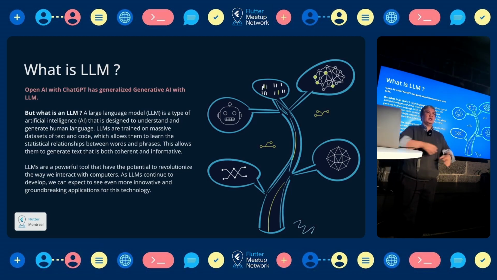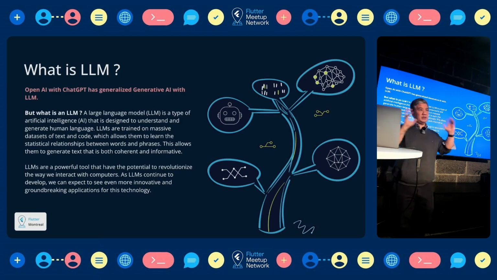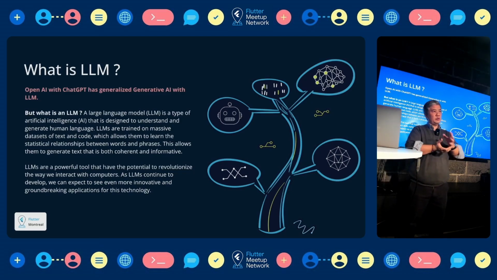It's an AI that has been trained on a massive data set, and the difference is that it can understand you and give responses that are coherent and understandable by you. It uses a lot of statistical mathematics to be able to link words together to understand what you're saying, and to give you an answer from a general knowledge about all the data it has been trained on all over the internet.